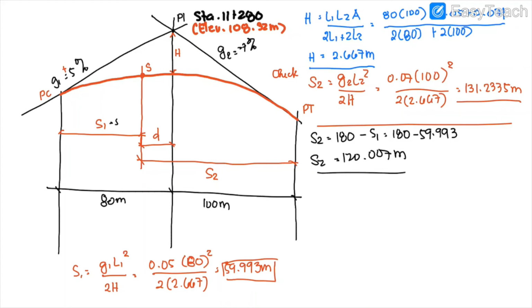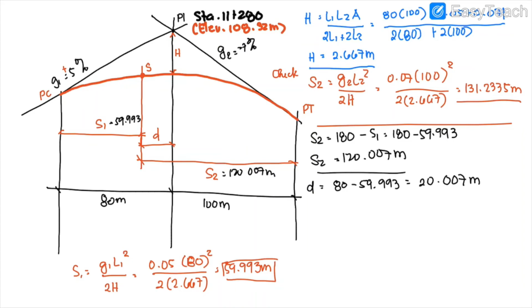So 59.993 meters. And S2 is 120.007 meters. The difference in their distance, D, is 80 minus 59.993 equal to 20.007 meters. Okay?